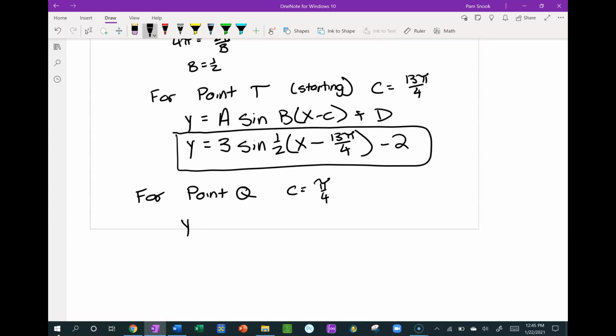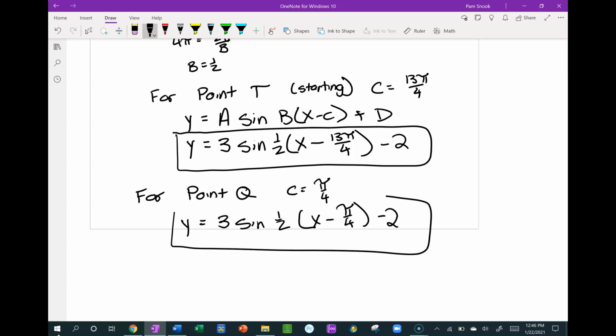And my equation is going to be y equals 3 sine of 1/2 x minus pi over 4 minus 2. Okay, so the only thing that changes when I change my starting point is the value of C. Everything else is going to stay the same.